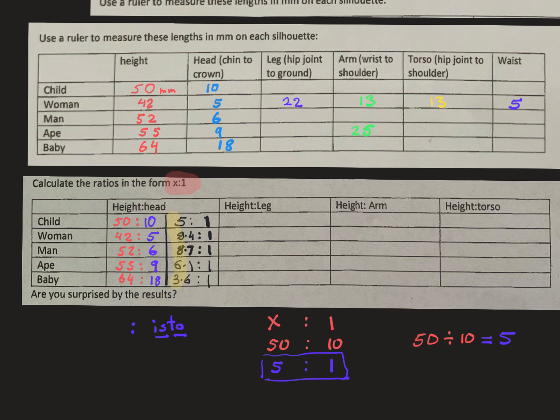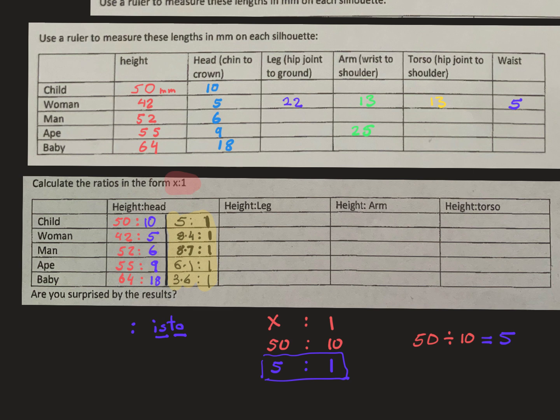This column over here, looking at this yellow column, is allowing me to see the proportion in relation to each particular person. You will see that, for instance, the height of the child is 5 times bigger than its head.